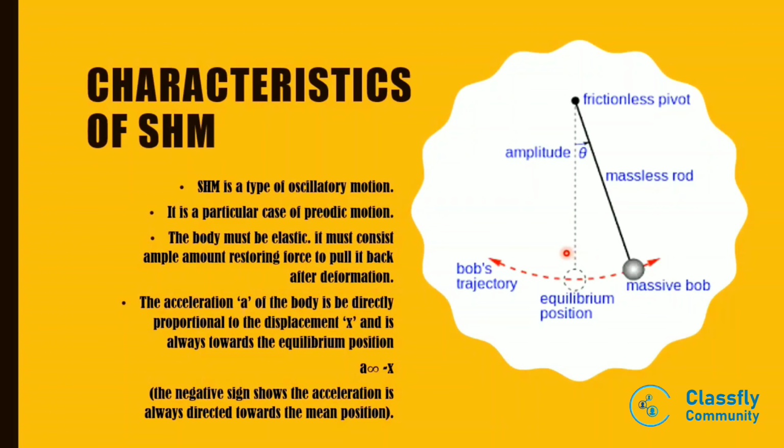Why negative? Because the force is exerted towards the mean position. The acceleration is always directed toward the mean position, so its sign is negative, as well as the force which is being exerted is also towards the mean position.